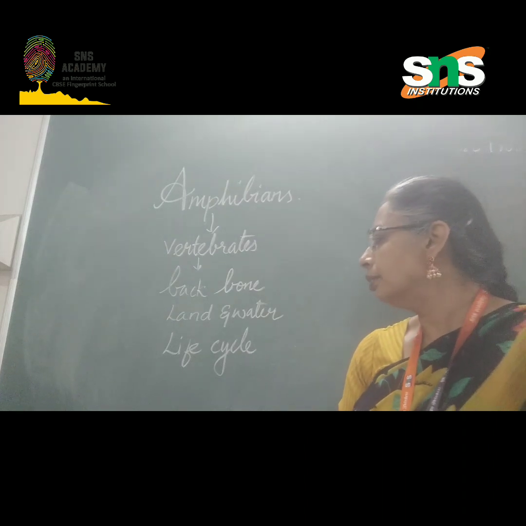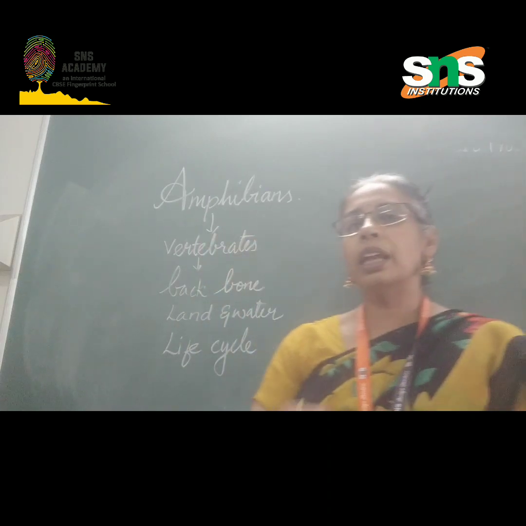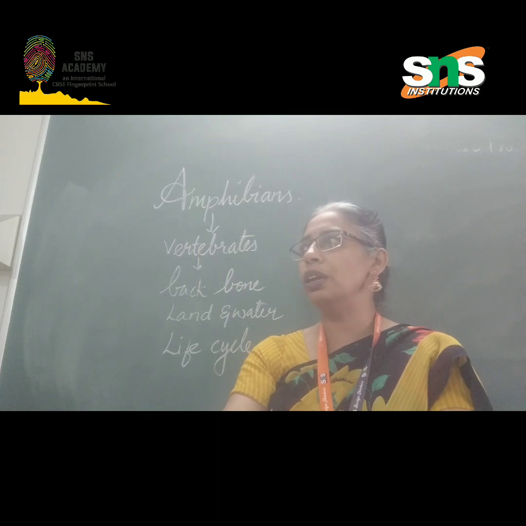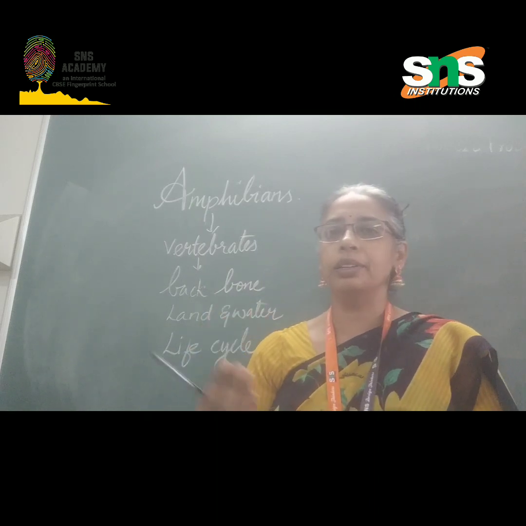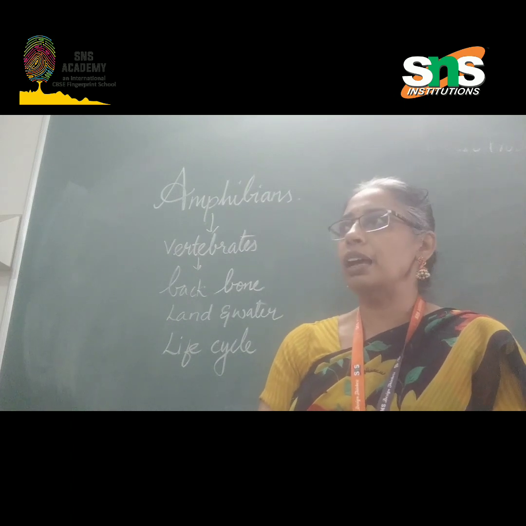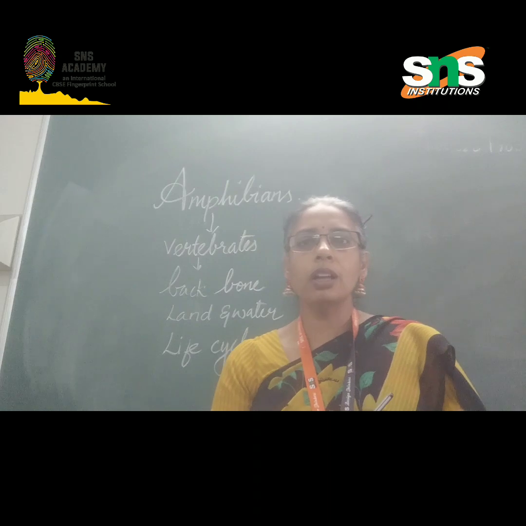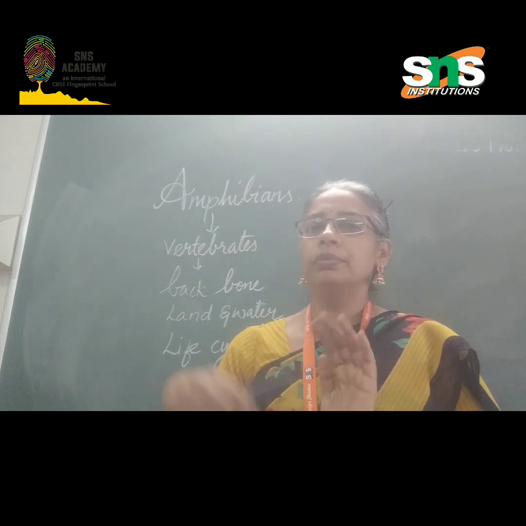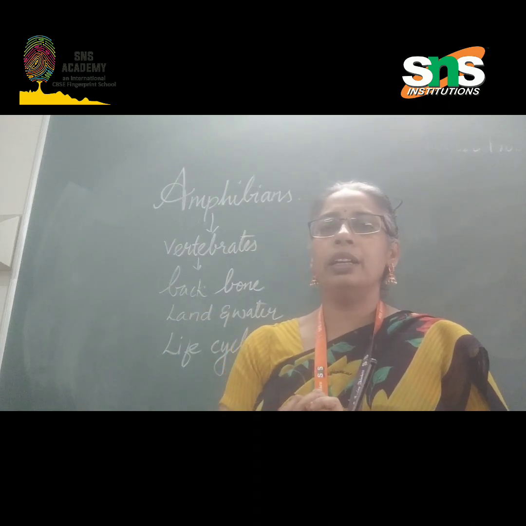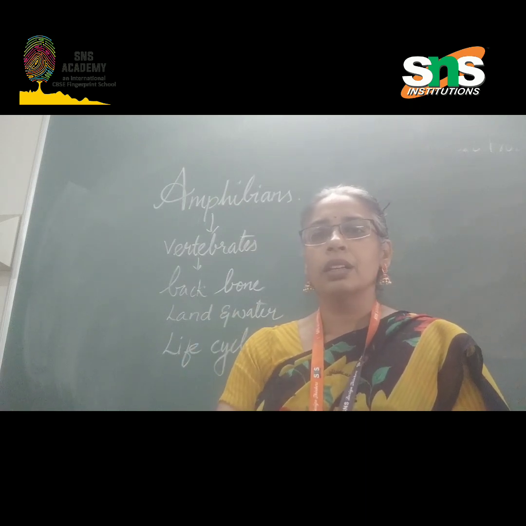Amphibians are the animals that are able to live on land as well as in water. Half of their life cycle, for example, let me take the example of a frog, the frog lives on the land. When it is going to reproduce, it lays its eggs in the water.